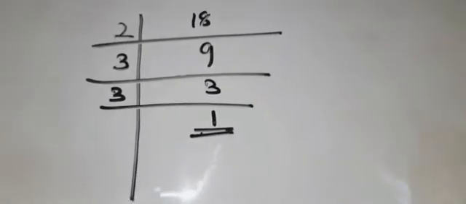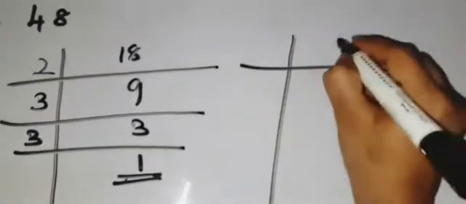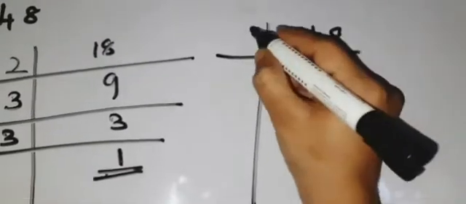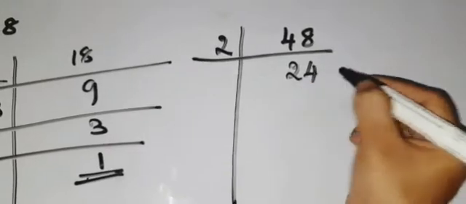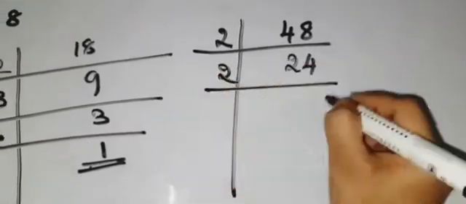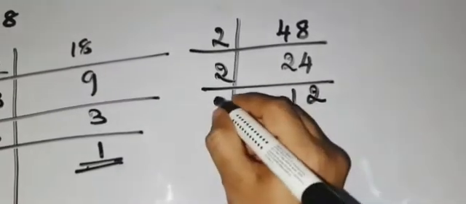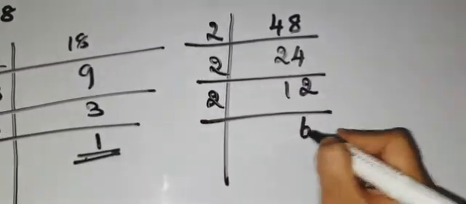Now let's divide 48. Write the number 48. 48 comes in the 2 table. 2 24s are 48. Again this 24 comes in the 2 table 12 times. Again this 12 comes in the 2 table 6 times.